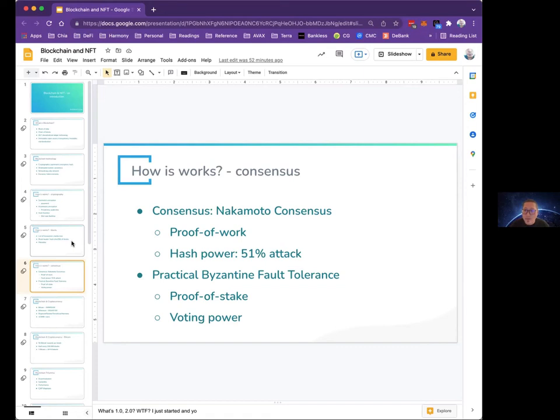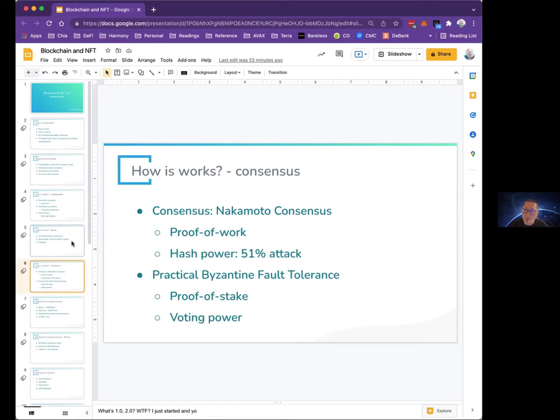To agree on those blocks, they need to run hash functions. They use brute-force hashing and a lot of electricity in order to find the agreement. That's why it's called proof of work. Each node actually did a lot of work.